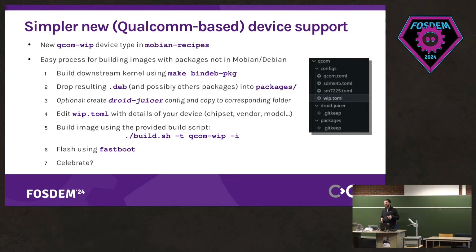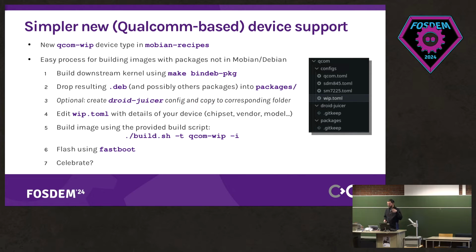We're also adding in the process a simpler way to add new device support, at least if it's Qualcomm-based. The thing is, until now, we needed to have a kernel package in the Mobian repo and a few specific tricks in the image build process.